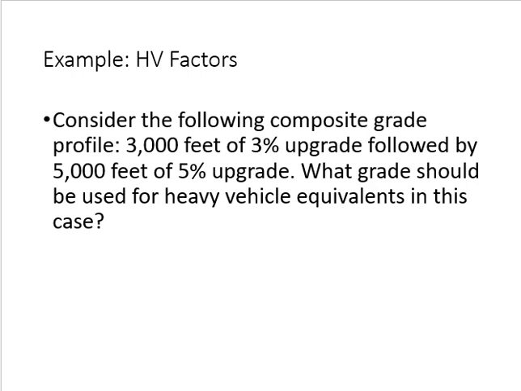In this example, there are how many? Two, right? Yes, two gradients are here. For each of them, we see the length and we see the gradient. So how do we calculate the average gradient?